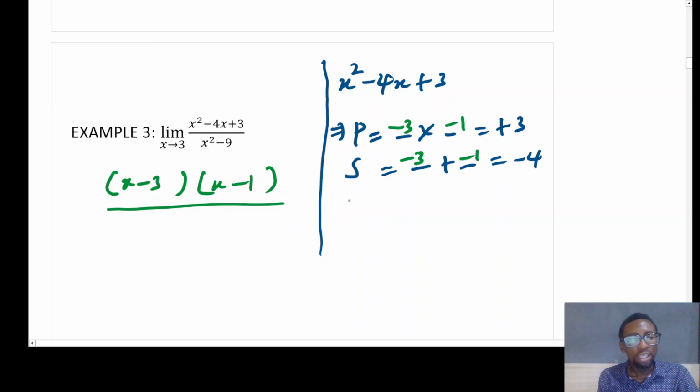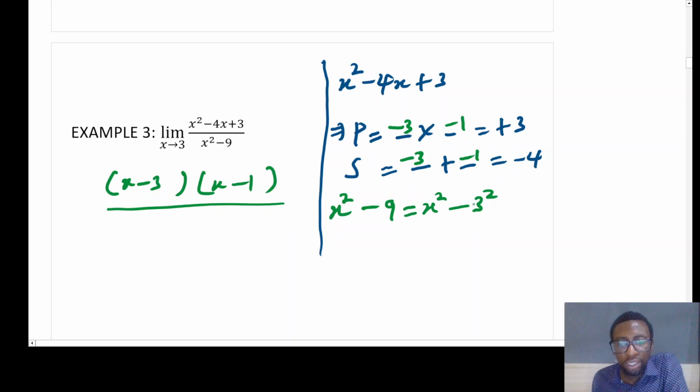Now, if I have x squared minus 9, this will also give me x squared minus 3 squared. So that means I have two squares with a minus in between them.